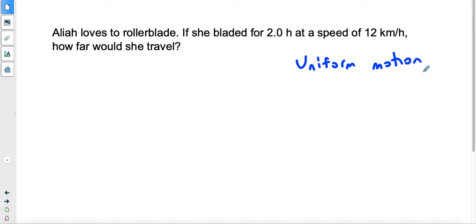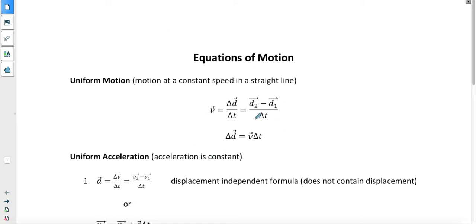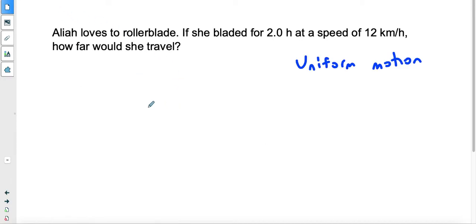And since we're looking at uniform motion, we can use the uniform motion equation here to find the distance Aaliyah travels. So we can see from our uniform motion equation, the distance is equal to speed times time. So let's use that formula now to figure out how far Aaliyah is going to travel.